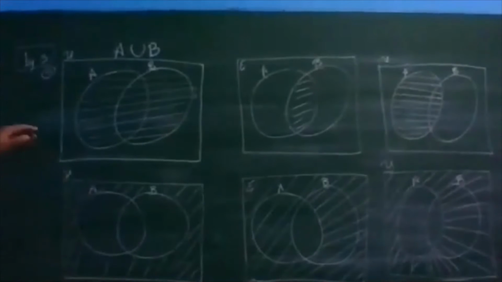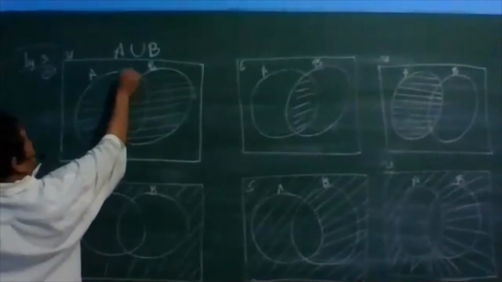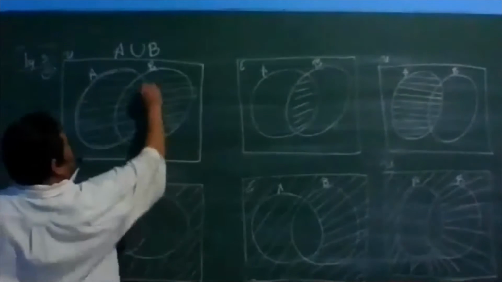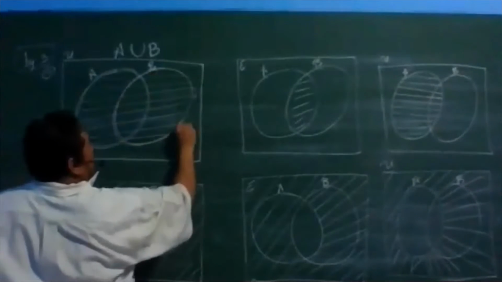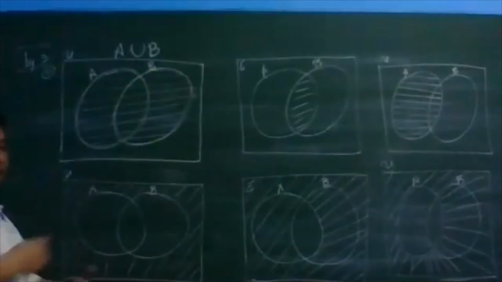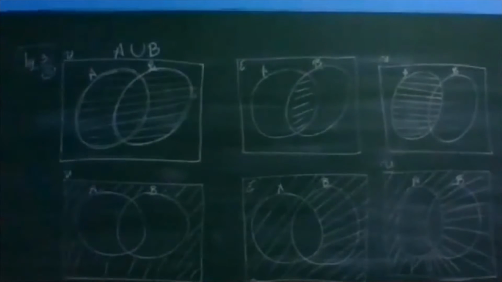You notice all of the circle called A and all of the circle called B is shaded. So to name it, if it's all of A and all of B, we call it A union B. All right?